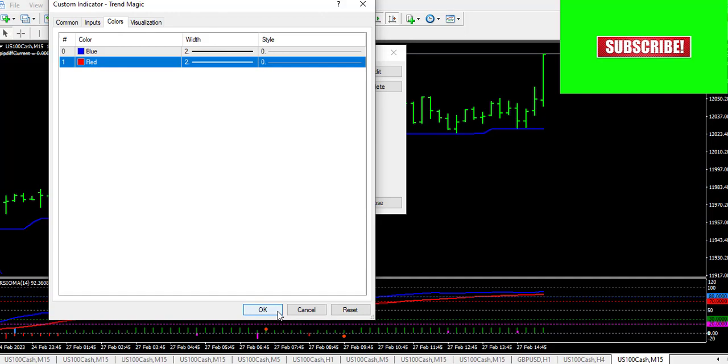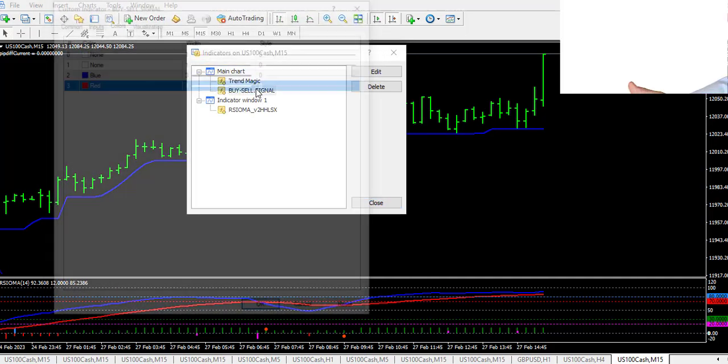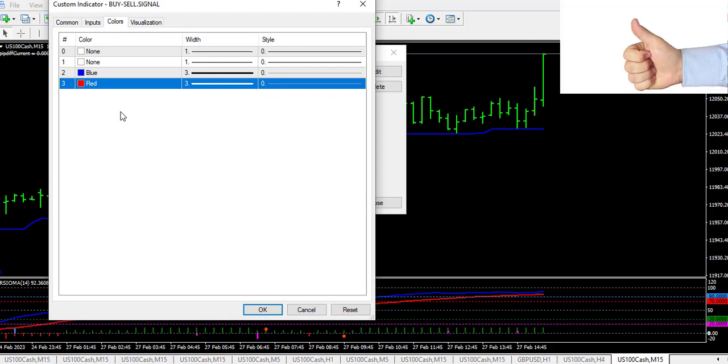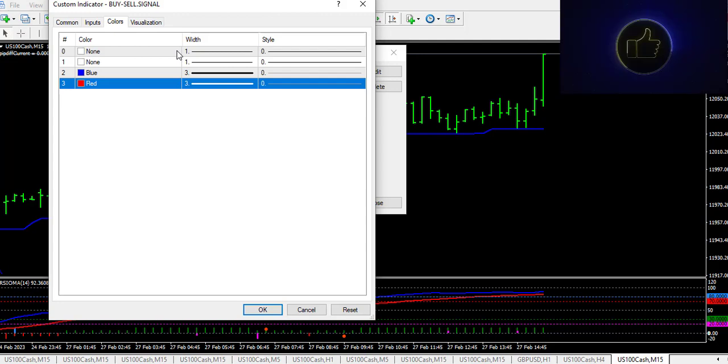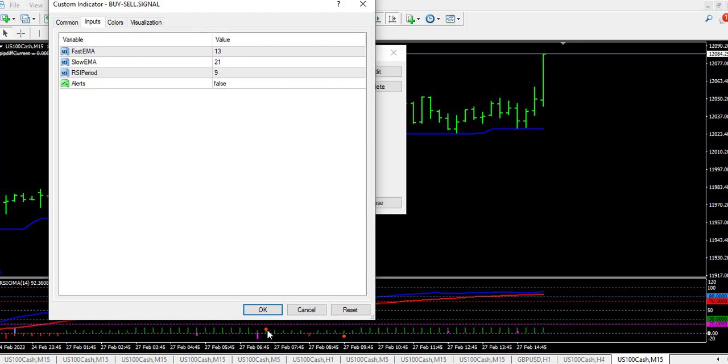Just click OK when you are done. And the other indicator is this buy sell indicator, and here are the colors that I use. I turn the other colors off on this arrow indicator. If you want to see how it works, you can turn it on, but I do not need that. And these are the input values for this indicator. Make sure you enter them accordingly.